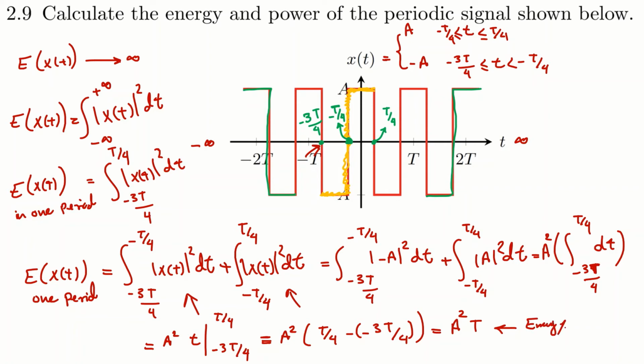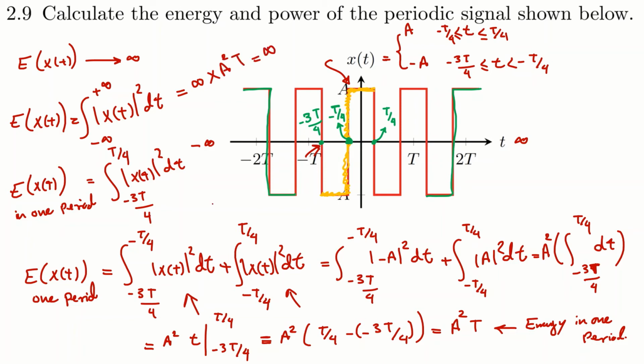A periodic signal is a signal that periodically repeats itself from minus infinity to infinity. So there are an infinite number of such periods here in yellow. So the energy of the signal is the number of periods, which is infinite, times A squared T, which is infinite.